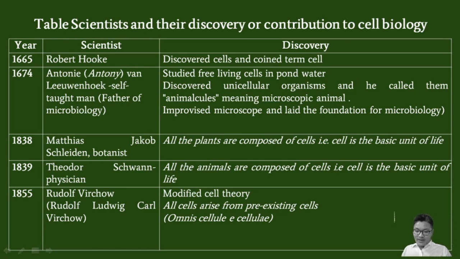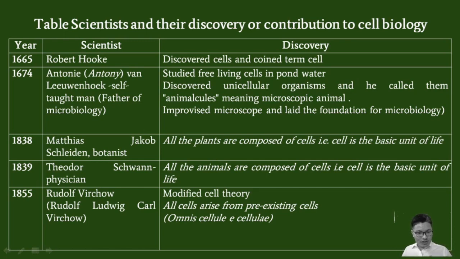He also modified the cell theory. Earlier, Matthias Schleiden stated that plants are made up of cells. Theodor Schwann described cells as making up the body of animals. So later on, Rudolf Virchow explained that cells arise from pre-existing cells.